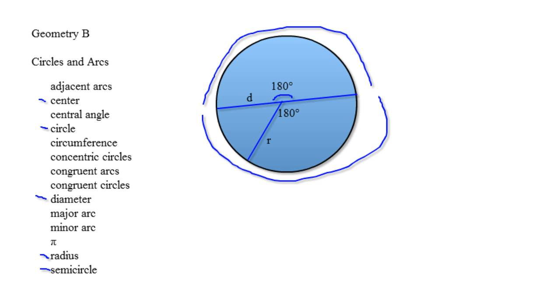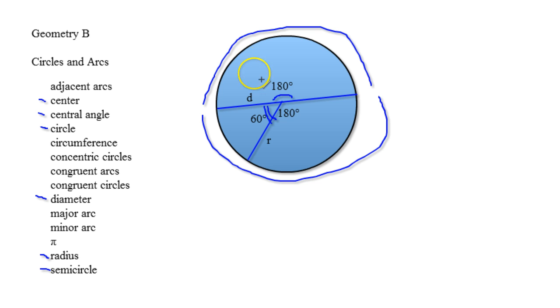Now the central angle, and let's say that we have something like this right here. Let's say that this is our central angle that we're looking at. Central angle just means it's an angle centered at the center. So let's say that this one would be about 60 degrees. So a central angle is just going to be right in there. So that one's pretty simple.